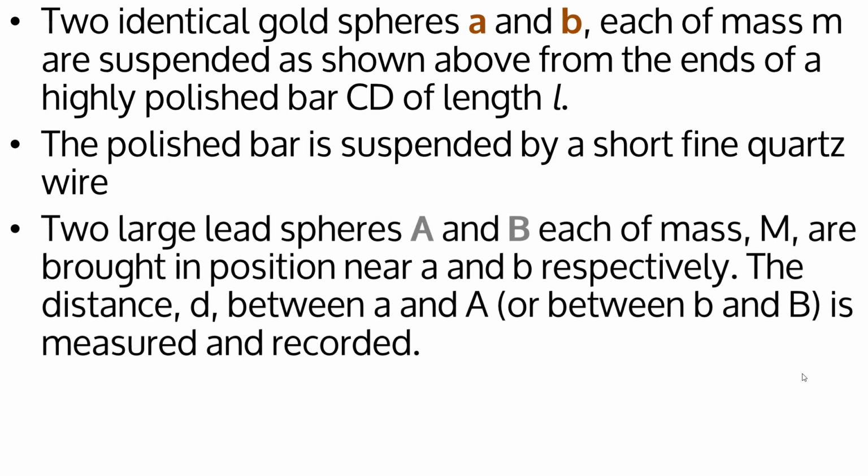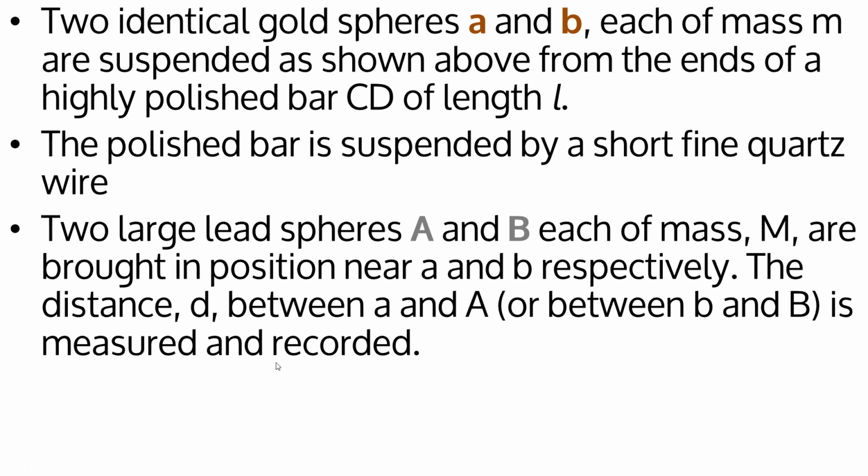Two large lead spheres A and B, each of mass m, so they should be identical, are brought in position near A and B respectively. The distance d between small a and capital A, or between small b and capital B is measured and recorded.